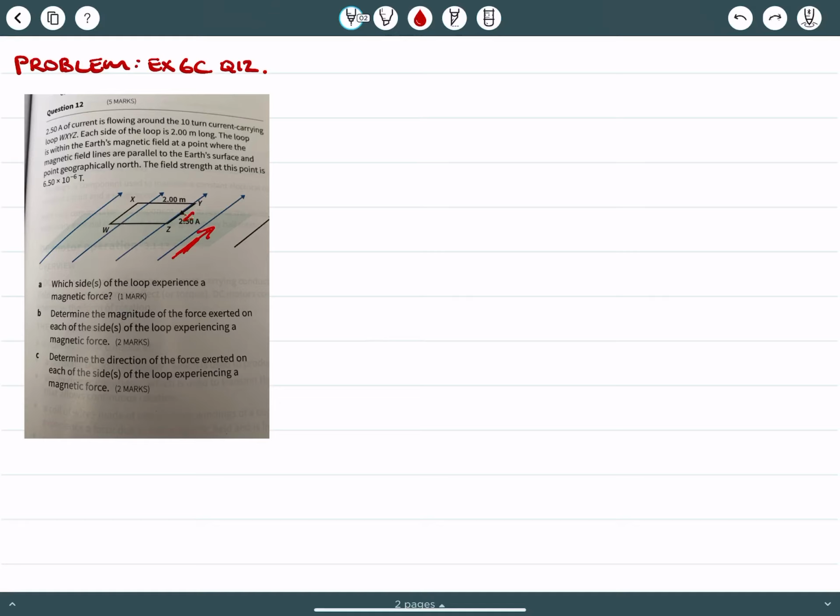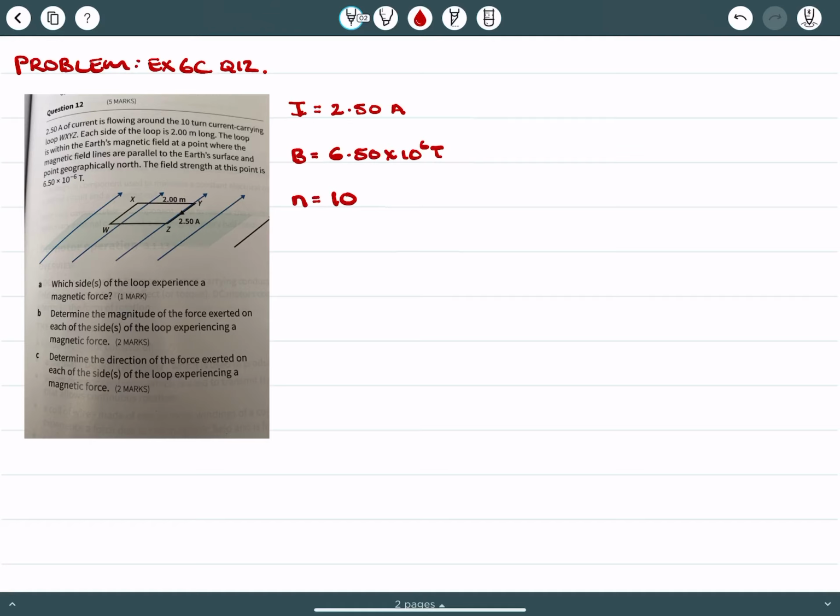What I would probably do to answer this question is put down what we know. Our current is 2.50 amps. Our magnetic field, B, is 6.50 times 10 to the negative 6 Teslas. This wire has 10 turns, so our N value is 10.